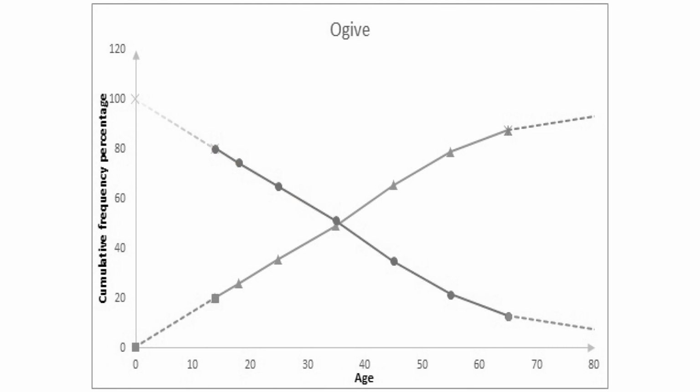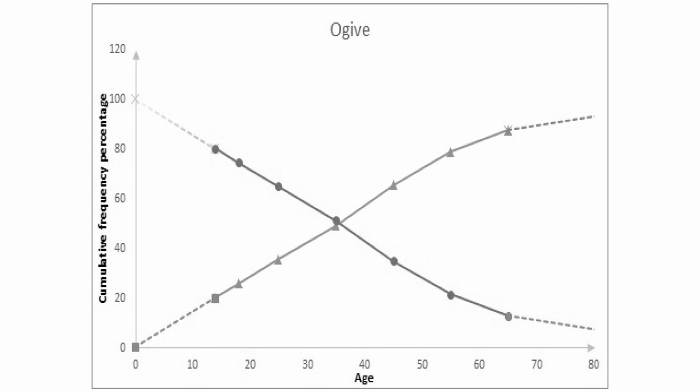So, note that the less than ogive is obtained by plotting the less than cumulative frequencies against the upper limit of the respective classes, and the more than ogive is obtained by plotting the more than cumulative frequencies against the lower limit of the respective classes.